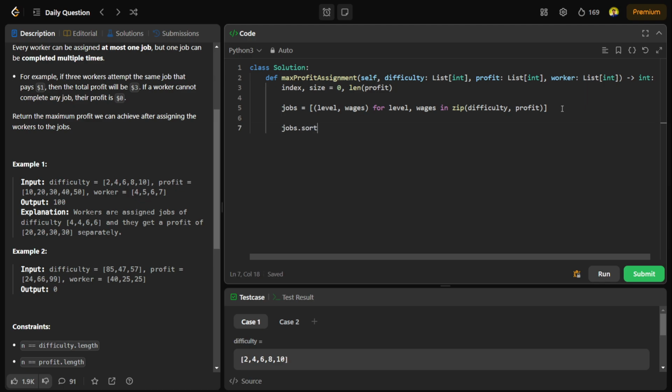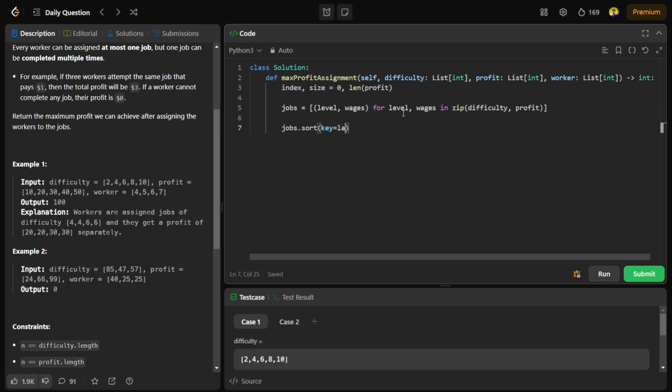So I'll do jobs.sort, and in key I need to sort based on the first data, the difficulty level. So I will use a lambda function to sort based on the difficulty level.